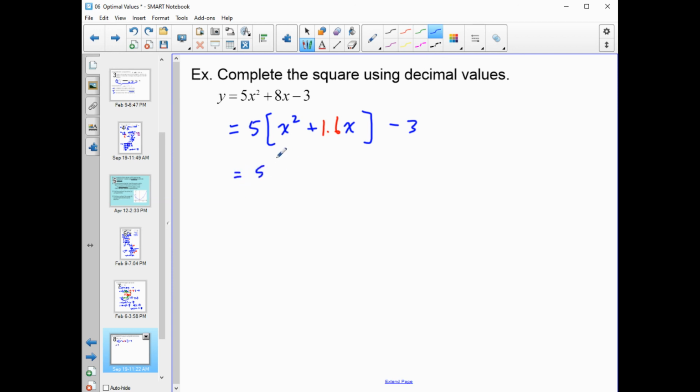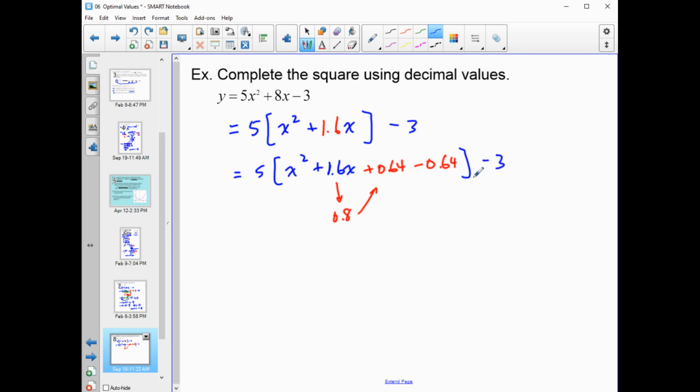Then I take 5x squared plus 1.6x. Then I take half of 1.6. Well, half of 1.6 is 0.8. And then 0.8 squared is going to be plus 0.64. And then immediately I subtract 0.64.